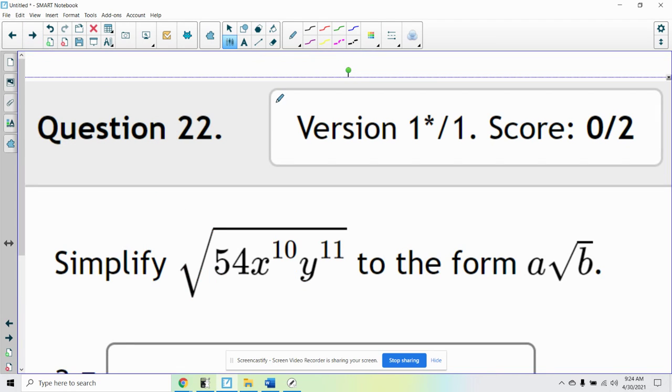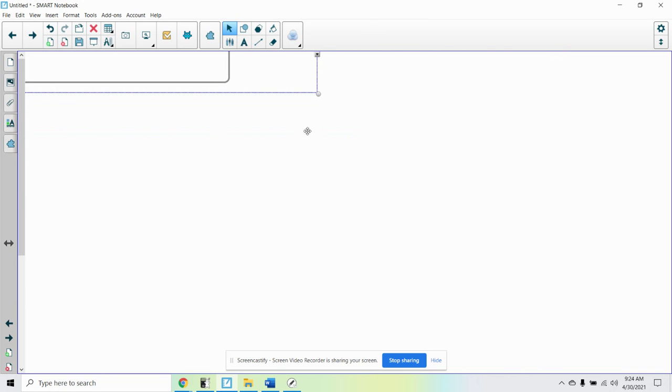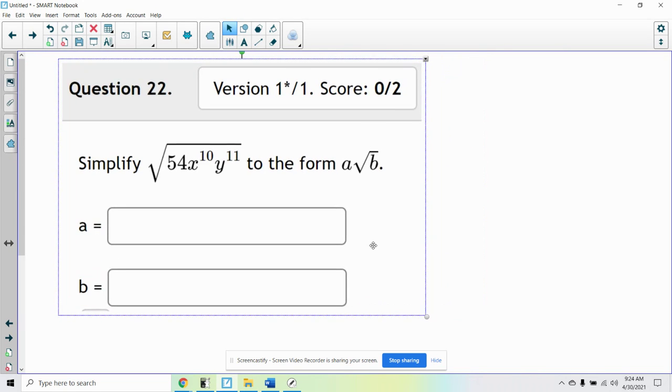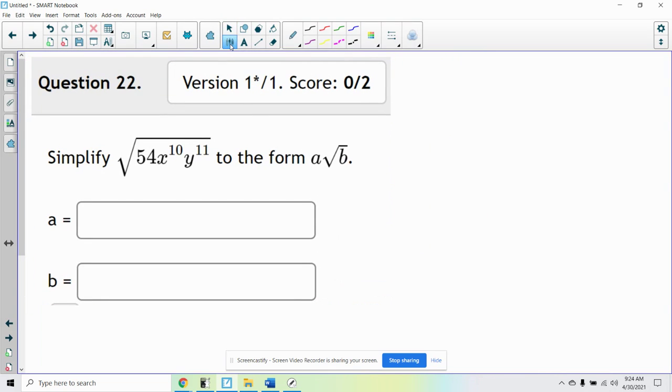Okay. Next, number 22. Shrink this one as well. There are a number of ways you can go about solving this. I'm just going to show you the way I do it. The first thing I want to do is find the prime factorization of 54. I'm going to write 54 at the top and keep dividing it by prime numbers until I can't any longer.